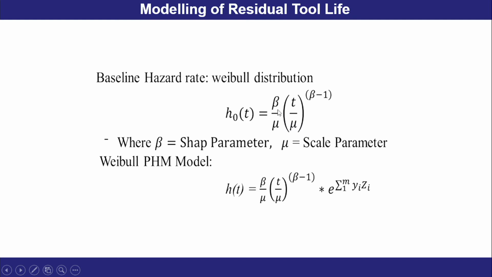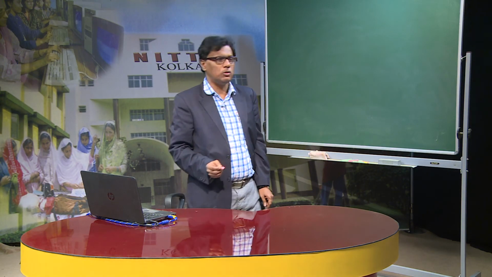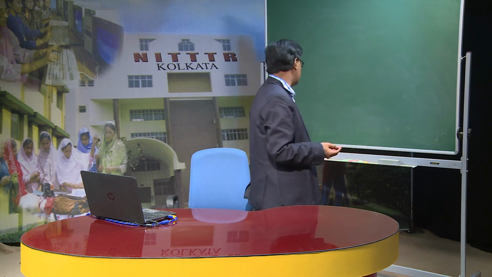Because you see these two parameters, beta and mu. If I change these two parameters, I can get several types of distribution. Let me discuss why I have taken the Weibull distribution for modeling residual life.